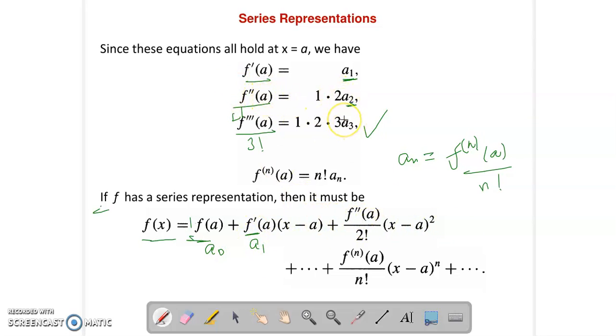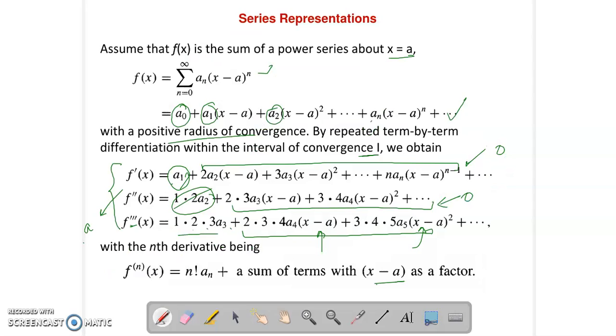See how we have calculated this a naught: you can just find the function value, f at a is equal to a naught. Here we wrote the power series. To get the value of a naught, you just substitute x equal to a, so all these other terms will turn out to be 0.